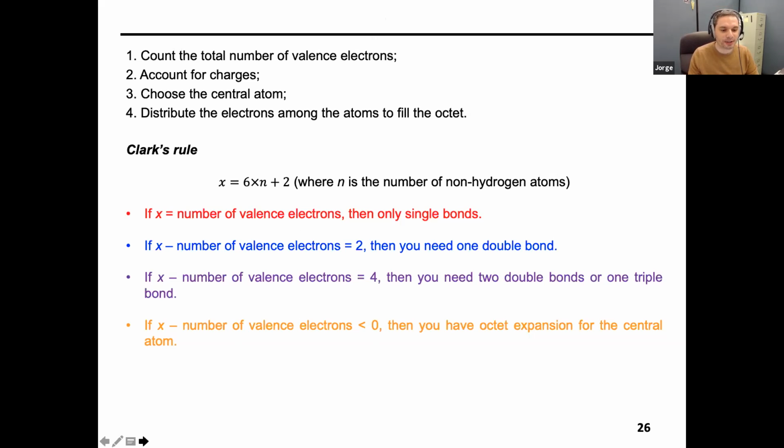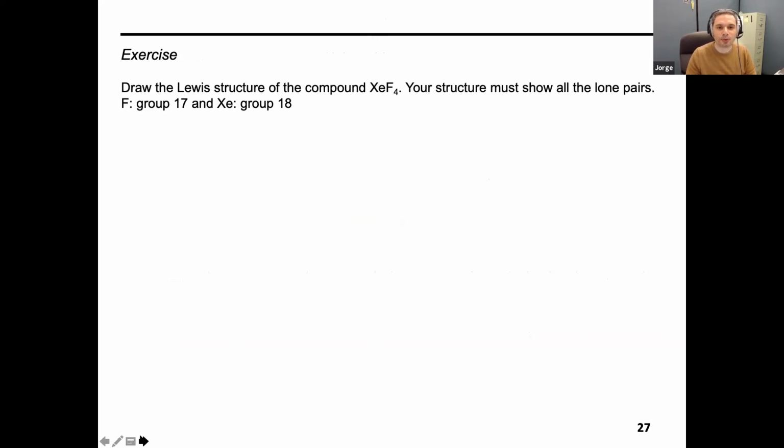All right, let's do a practice then. The question here asks you to draw the Lewis structure of the compound XeF4. Noble gases usually do not mix with other elements because they are stable by themselves.